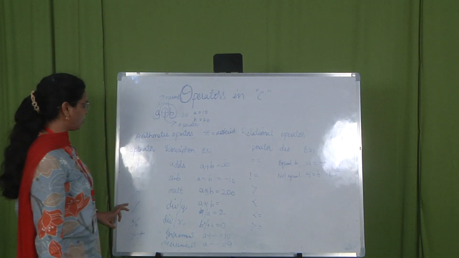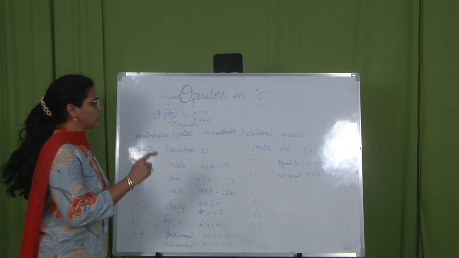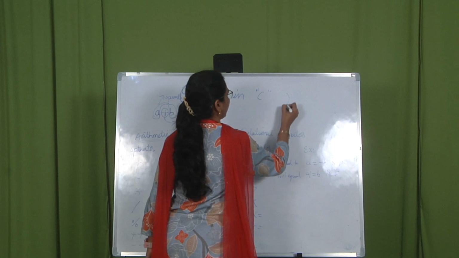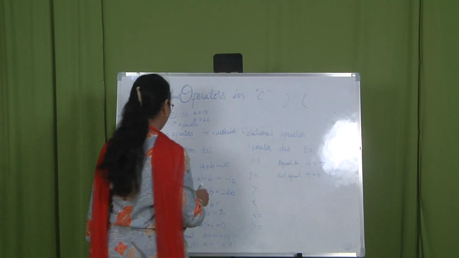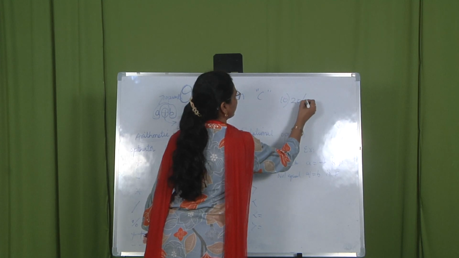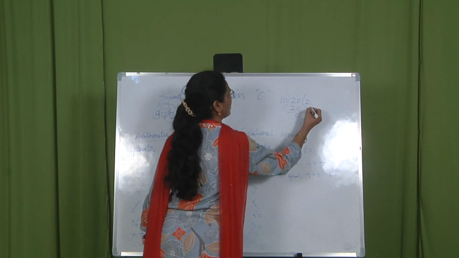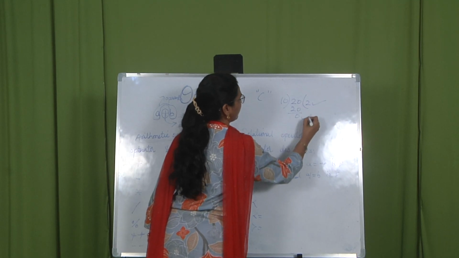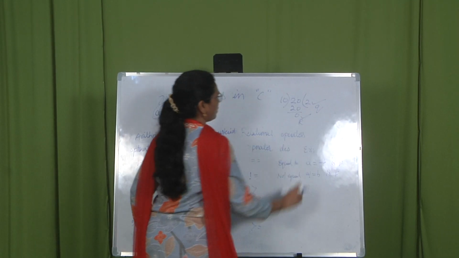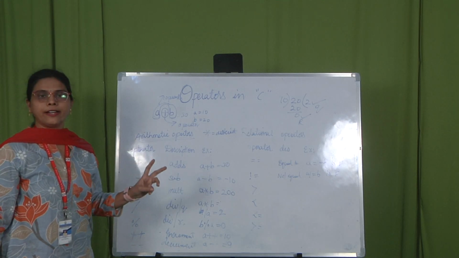Now let us go to the next type of operator, the division operator. Suppose A is 10 and B is 20, so 20 divided by 10. Sometimes you require a quotient, sometimes you require a remainder. So there are two instances whenever you divide a number.